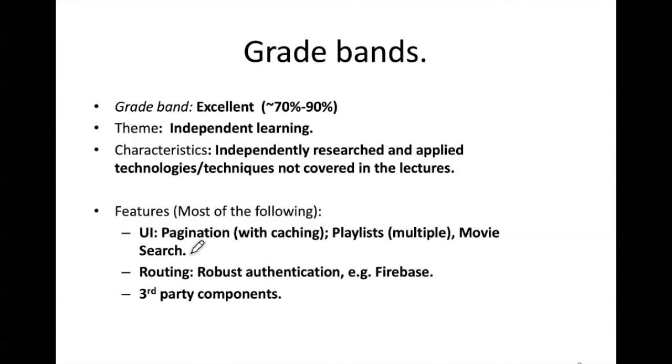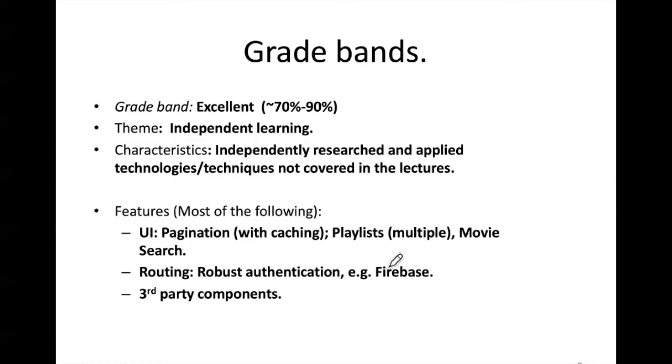In terms of routing, whereas on the previous grade band, I said I was only looking for basic authentication. Here, if you want to get into this grade band, try and have what I'm calling more robust authentication. And if you're familiar with something like Firebase, which is an authentication service, I think Eamon might have covered that, or he may have covered an alternative to Firebase, some back-end authentication service, and you can pick any one you want to.